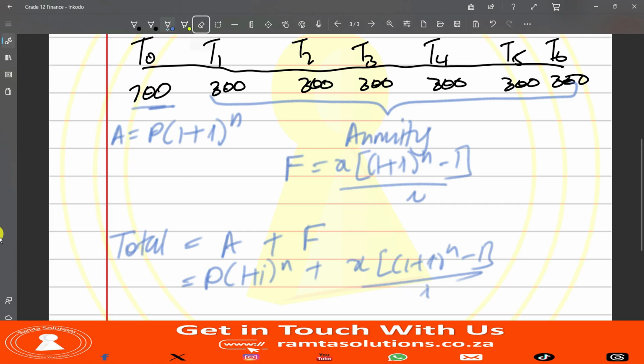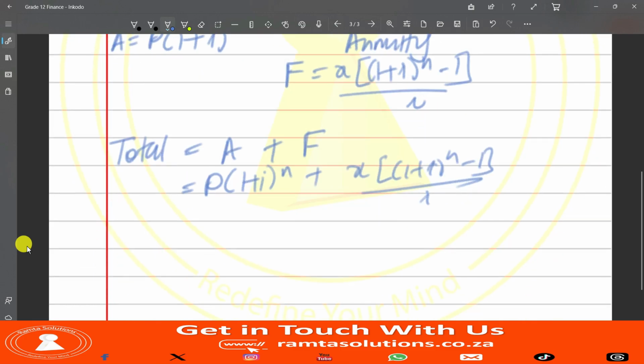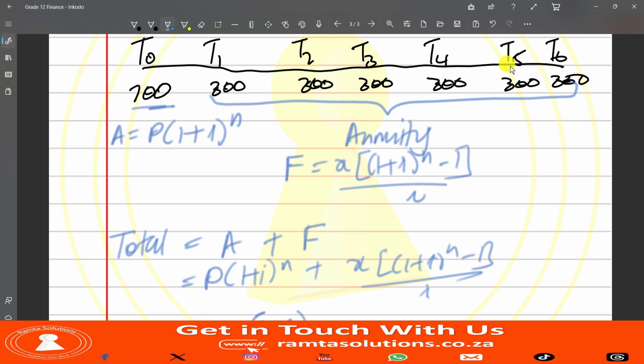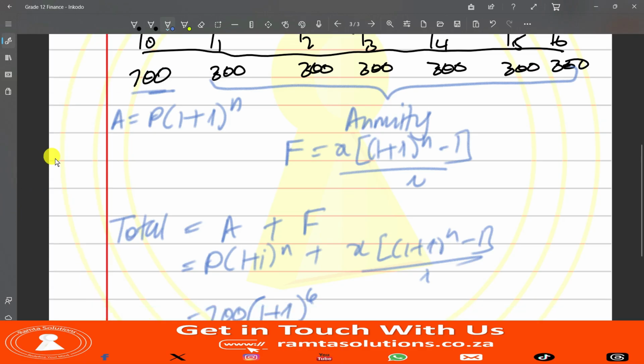Just to play around with it, this will be 700 into 1 plus i to the power 6, because it's 1, 2, 3, 4, 5, 6. But this one here is the installment, so it'll be 300 into 1 plus i to the power 6 minus 1.